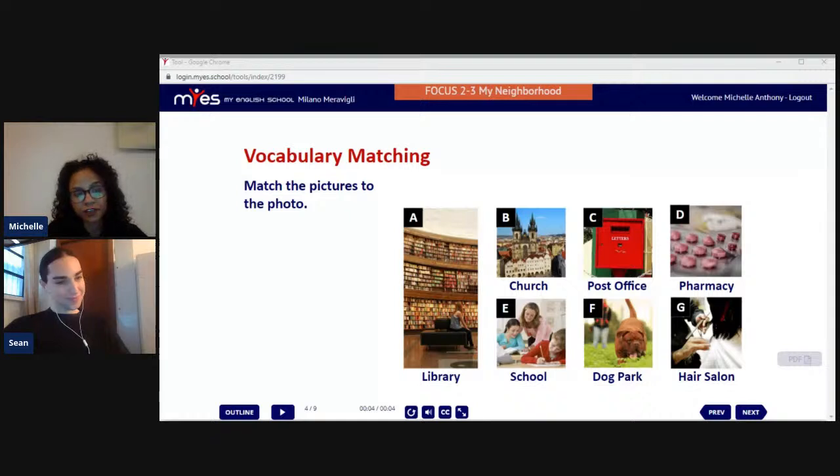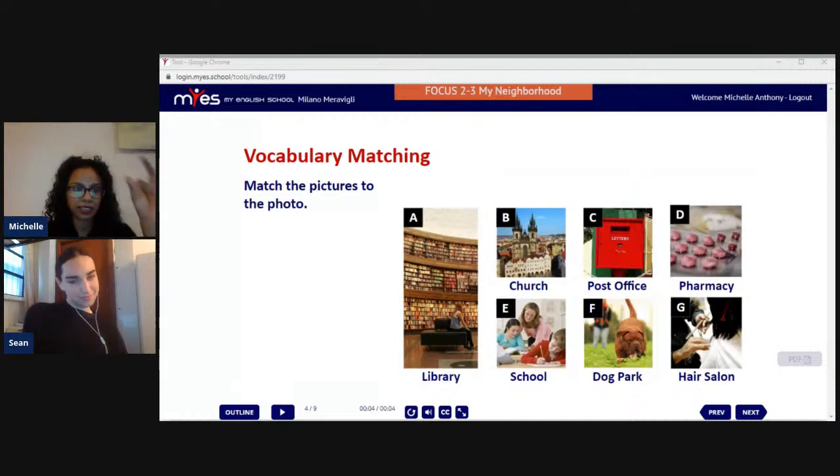Okay, so a bookshelf or a bookcase, as Sean says, is where you put your books. Pills are what are there in the picture, in picture D. It's the tiny little things you get from the pharmacy when you're sick. Okay, and what else did we say?